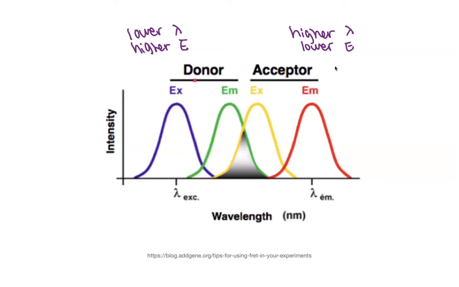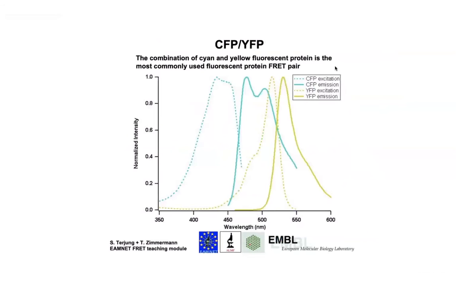And you also want the light that excites the donor not to overlap with the light that excites the acceptor, or else you'd be exciting the acceptor without actually exciting the donor. So basically, scientists have gone through a lot of trouble to come up with different combinations of fluorophores, both fluorescent proteins as well as chemicals, in order to optimize these various properties.